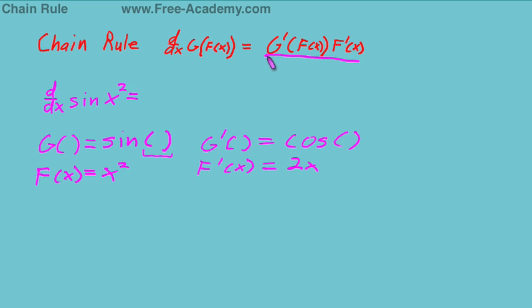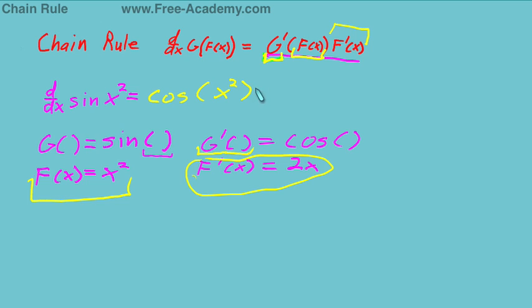Our g prime is this: cosine in our parentheses, and then inside the parentheses we have f of x, which is x squared. And then we multiply that by f prime of x, which we have right here, 2x. So the derivative of sine of x squared equals cosine of x squared multiplied by 2x. That's the chain rule.